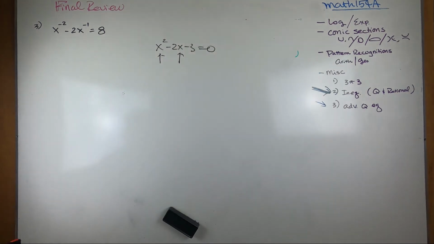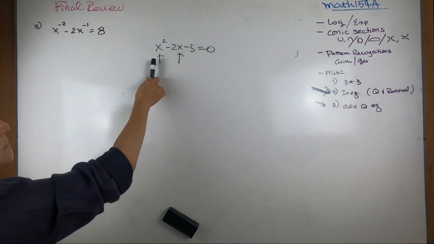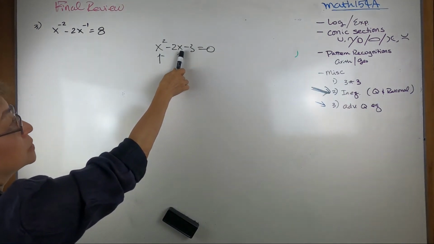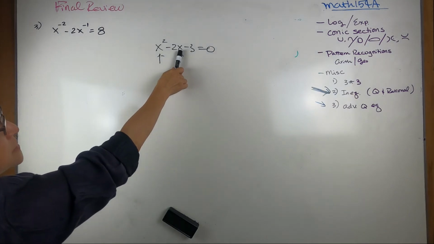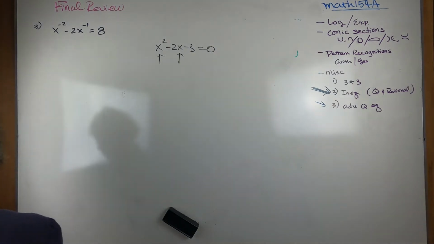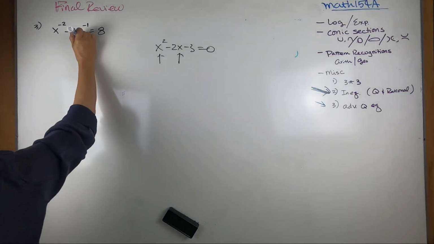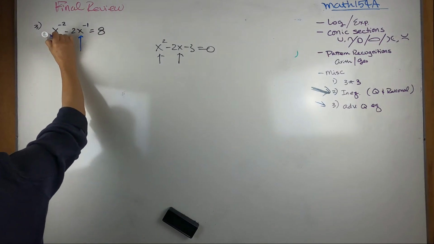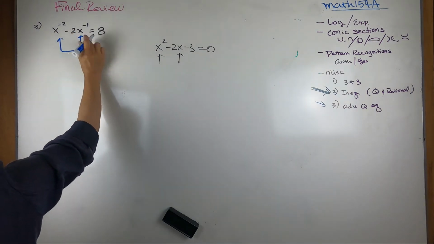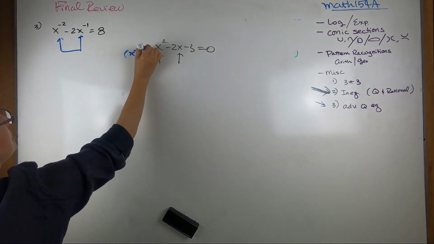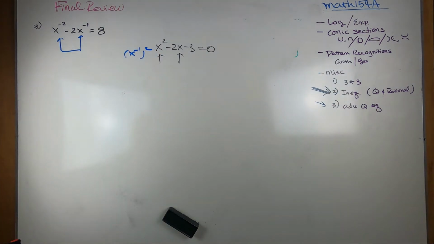If you write it in standard form, the first term is the square of the second term's variable, right? So if this is the second term, the first term is the square, x to the negative 1 squared is x to the negative 2, right?